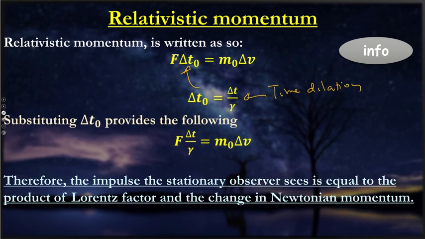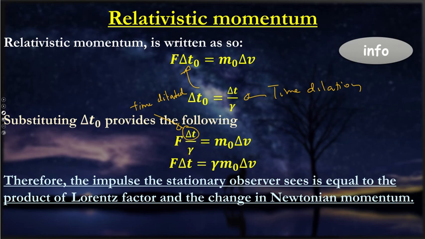Okay. And what I'm going to do is move gamma over onto this side. Right? So I have force times the change in time, but in this case, the time dilated. Okay? And so this is the formula I get here.